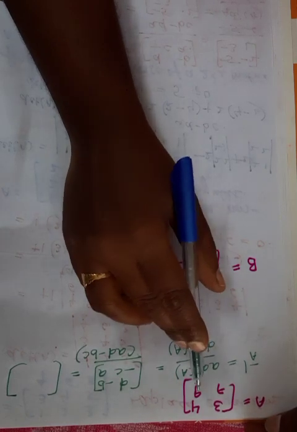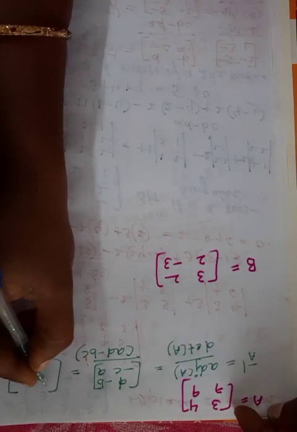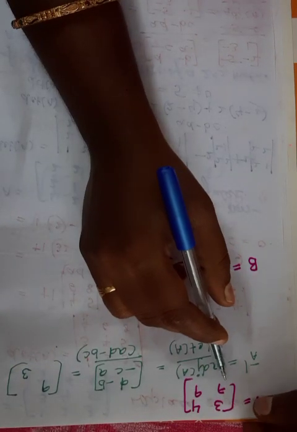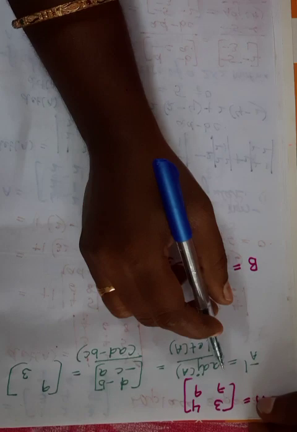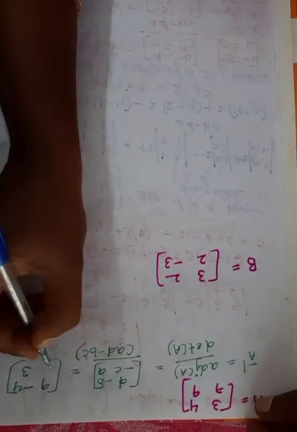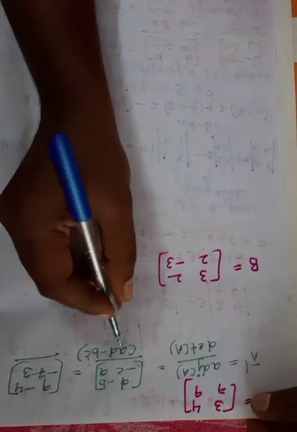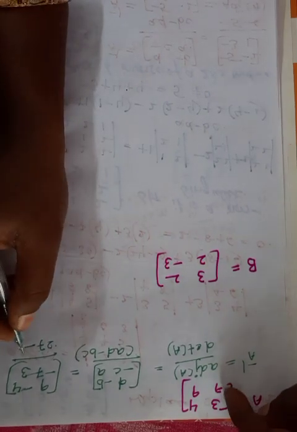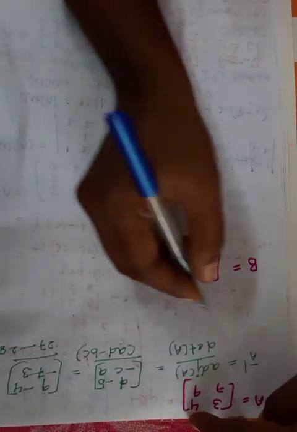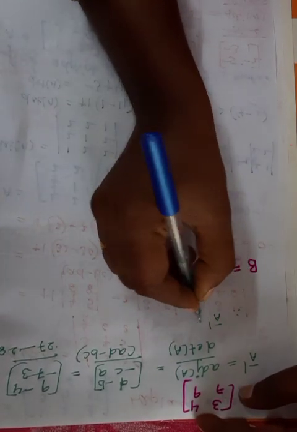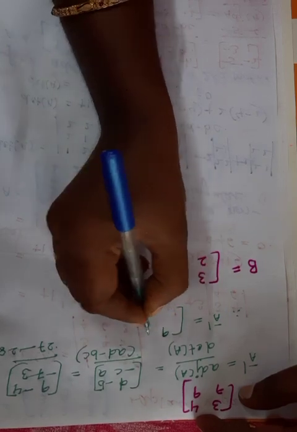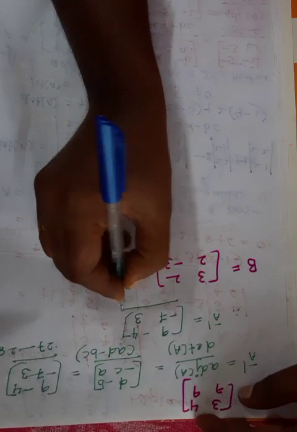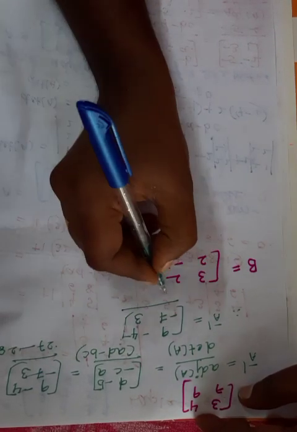A and D should be interchanged, so 9 3. Next 4 and 7, the signs of these numbers should be changed, so minus 4 minus 7 divided by AD minus BC. 9 3s are 27 minus 7 4s are 28. Therefore A inverse is equal to 9 minus 4 minus 7 3 divided by 27 minus 28, which is minus 1.